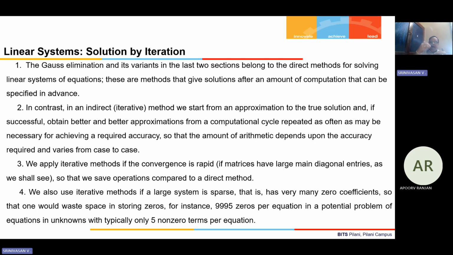So the repetition depends upon the accuracy we are aiming at, and the amount of arithmetic varies from case to case. In practical problems, and from an exam point of view, solving a system of equations may demand about 7 or 8 iterations.